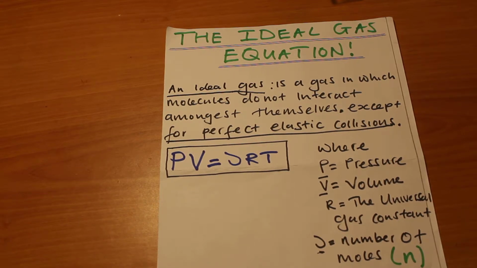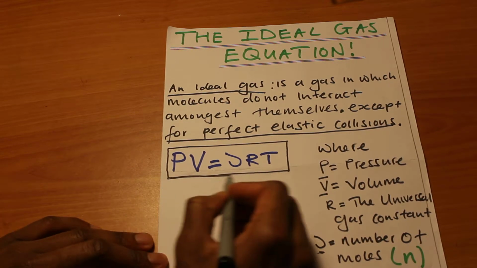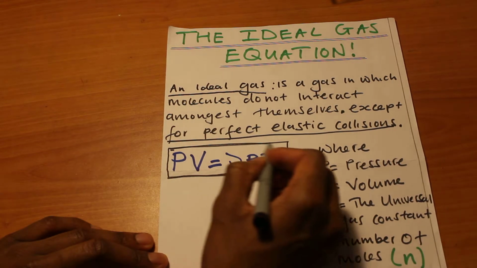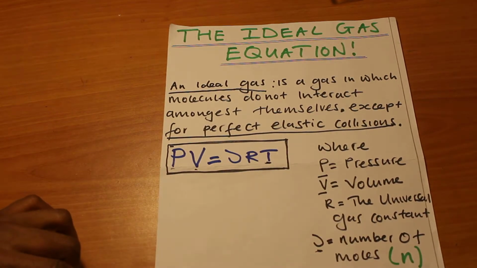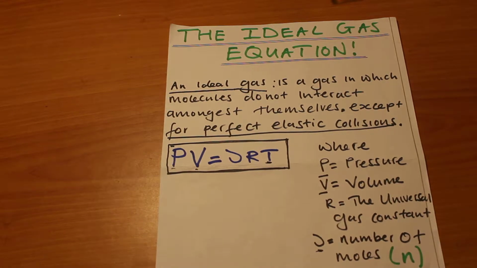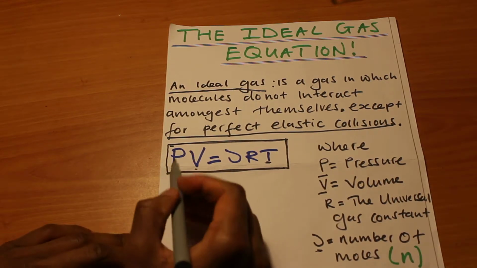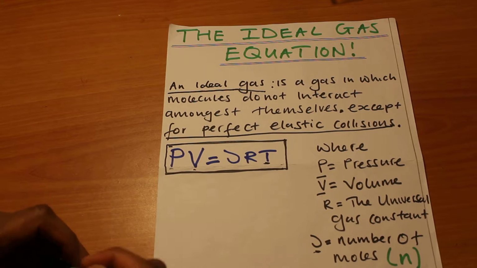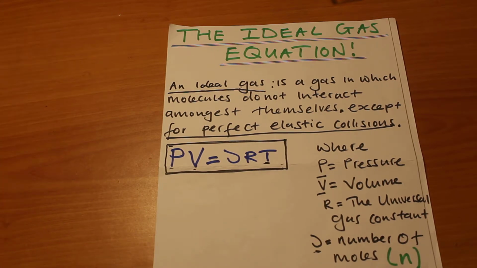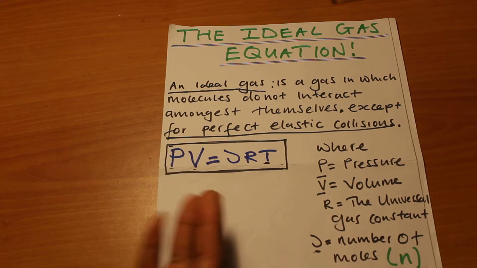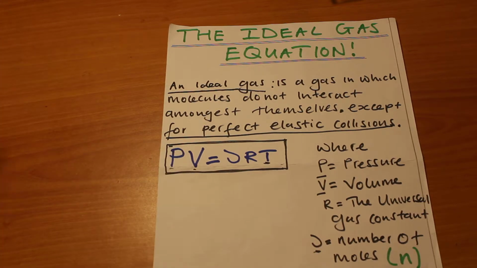So this idea links the three main thermodynamic properties that affect a gas, which are the pressure, the volume, and the temperature. So our job today is basically looking at how to derive the ideal gas equation, which is the link between the three main thermodynamic parameters that affect a gas.